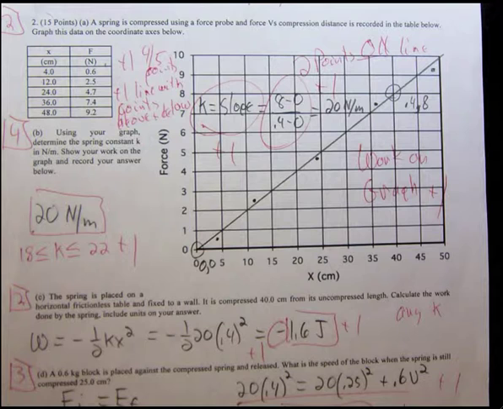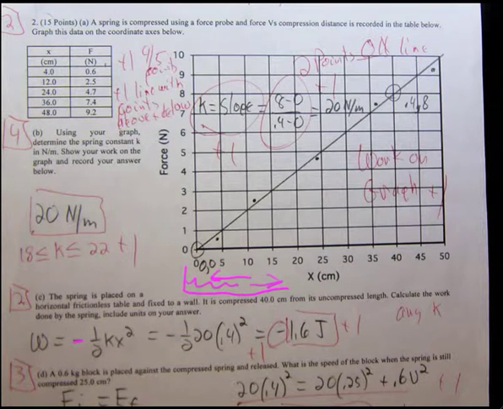Then we put the spring on a horizontal frictionless table fixed to a wall, and we compress it 40 centimeters from its uncompressed length. Calculate the work done by the spring. And so we're compressing the spring this way. The force from the spring is in this direction, so that's going to be negative work by the spring.